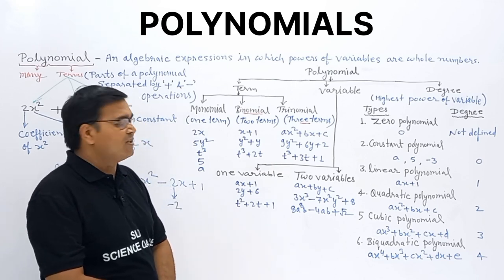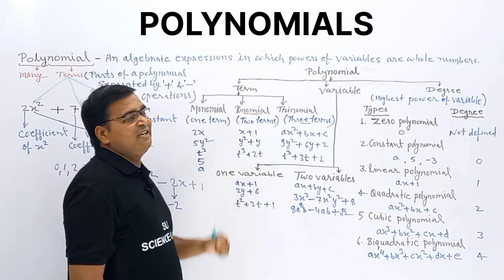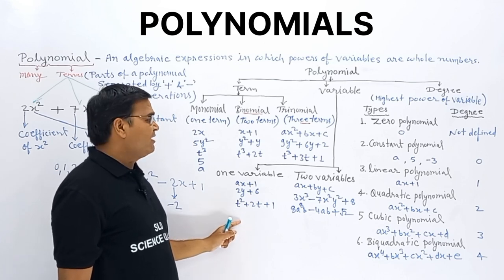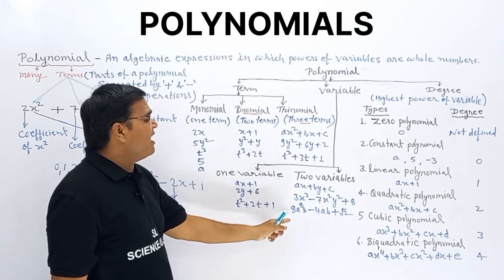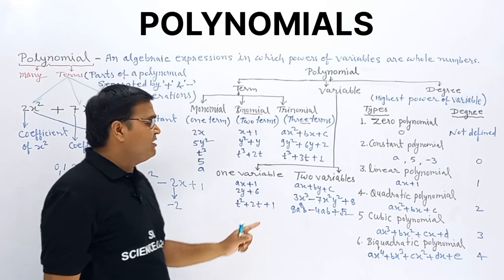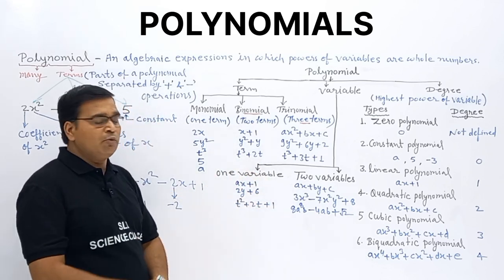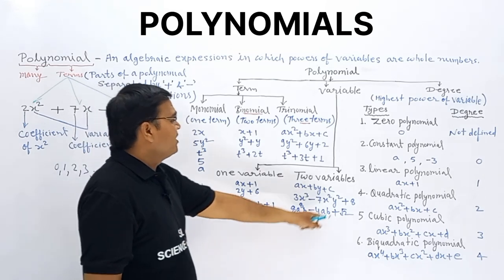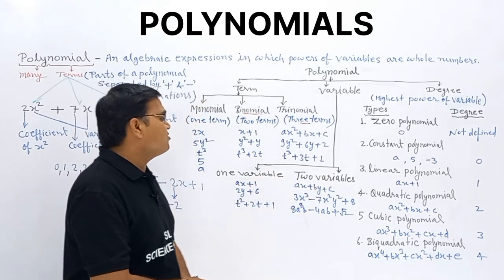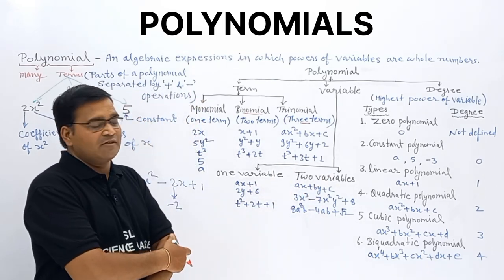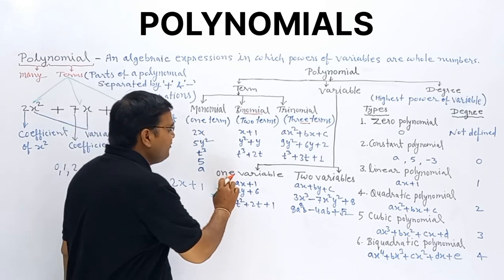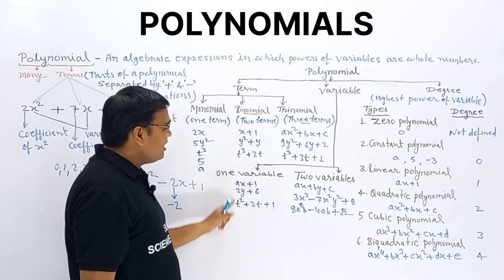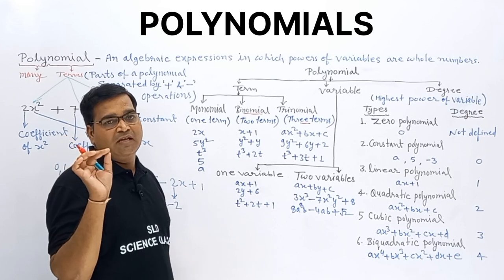So in our syllabus we are having one variable, and in the 10th standard we are having two variables. In the 9th standard polynomials we are having one variable polynomial. In the 10th standard we will discuss two variable polynomials.